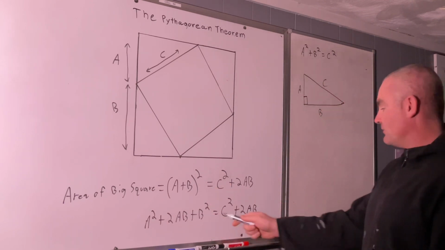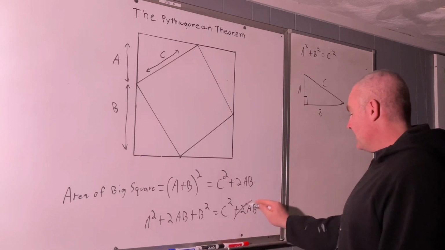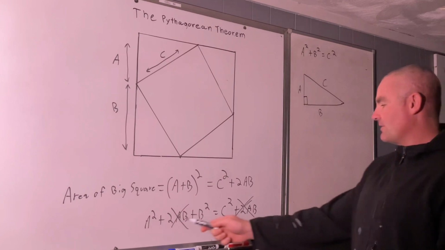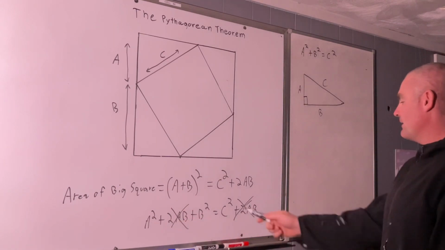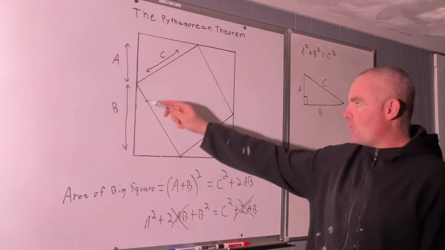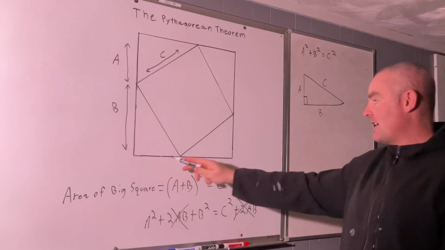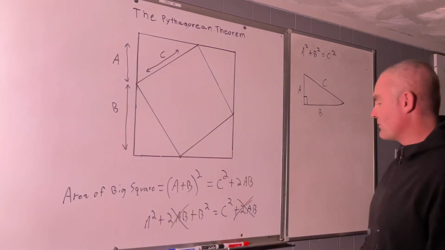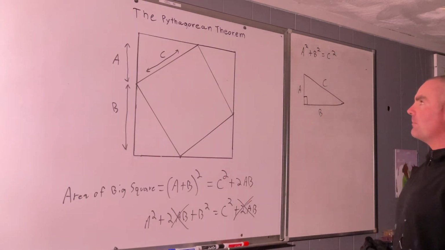Let's subtract 2AB from both sides. That goes away, and we're left with simply A squared plus B squared is equal to C squared, which means that this length squared plus this length squared is equal to this length squared. And that's where the Pythagorean theorem comes from.